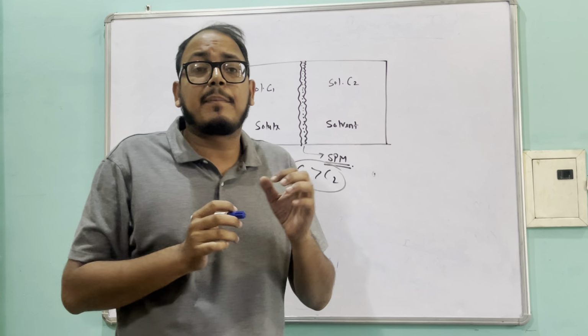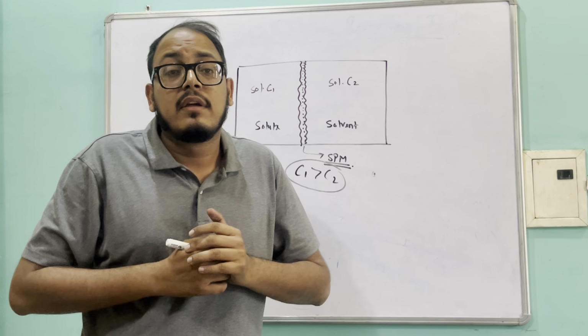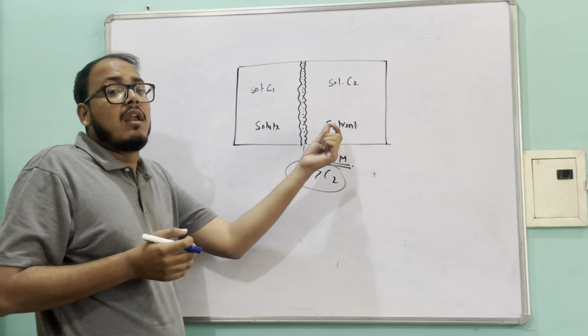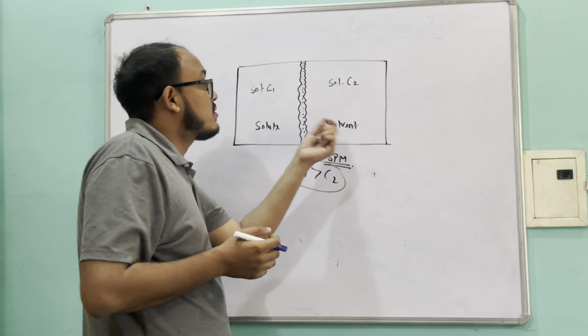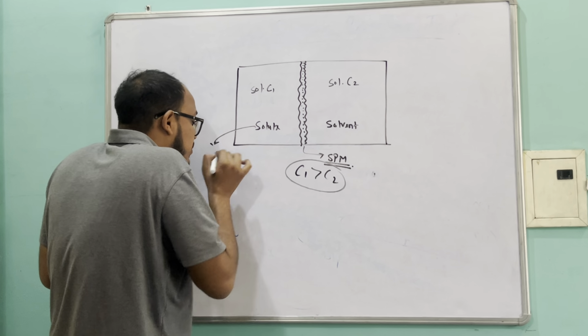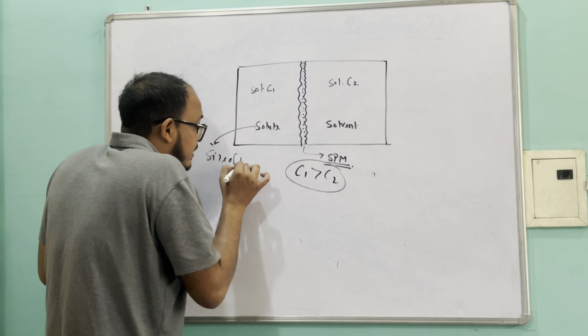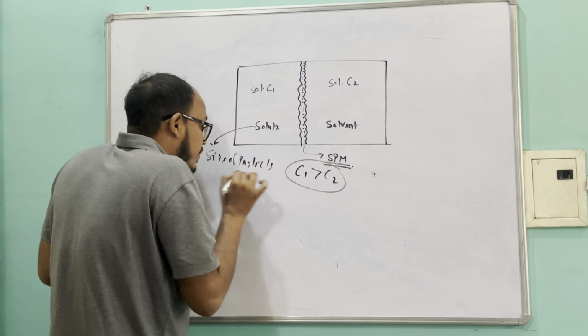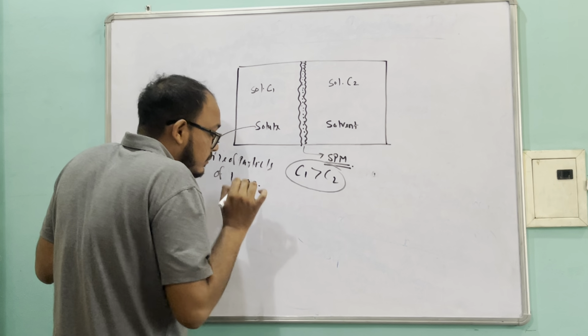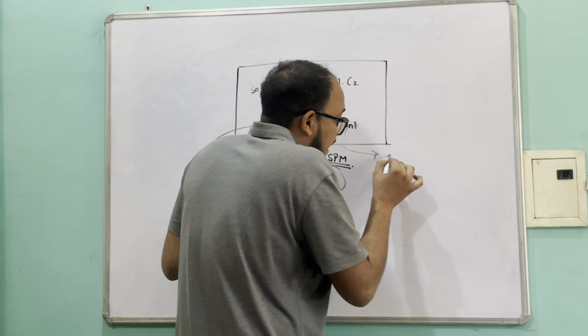The component which is present in a smaller amount in the solution is called solute, and the component which is present in a large amount within the solution is known as solvent. Now the size of the solute particle is large. Here the size of the particle is small.